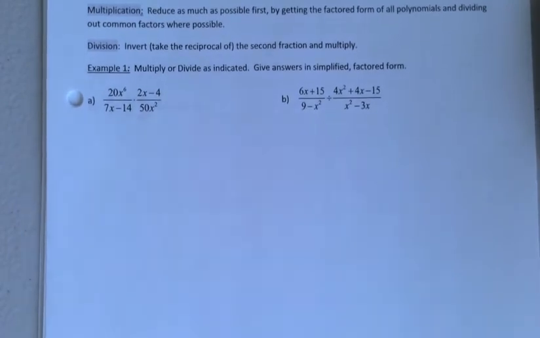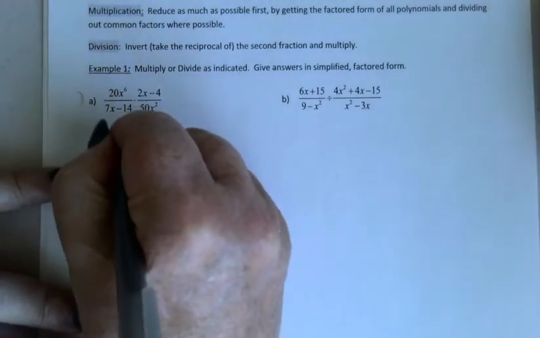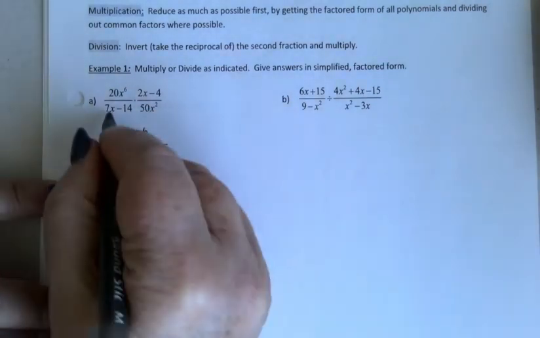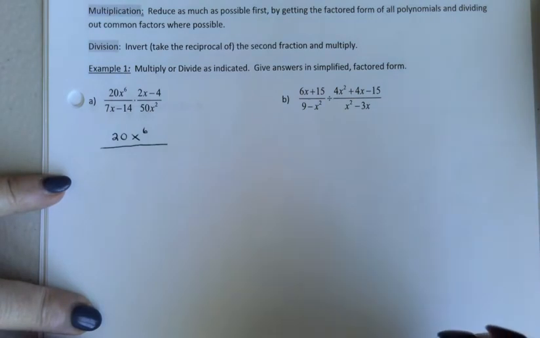All right, so in A, we already have multiplication, so we don't need to do any reciprocals. And so I'm going to start out by saying let's make sure we have all factored forms so we can see where it might be possible to reduce. So the 20x to the 6th, I'm just going to leave that alone for now. But in the denominator here, I could factor out a 7.